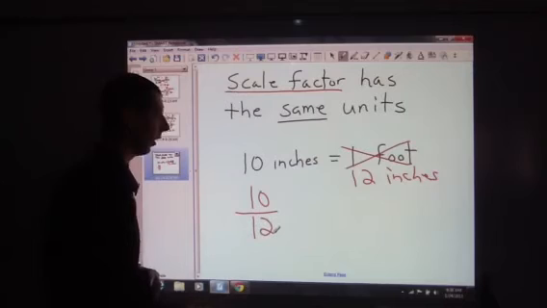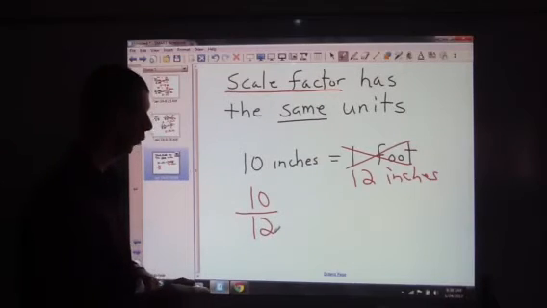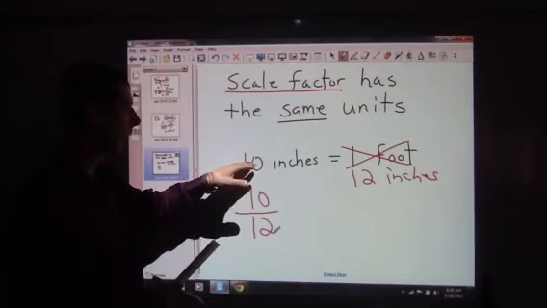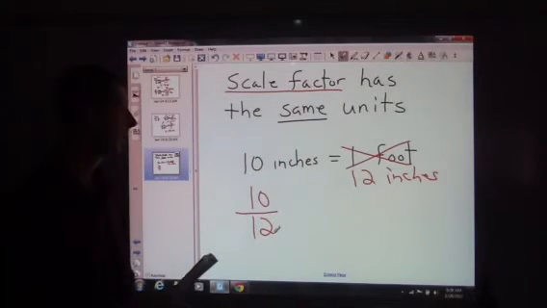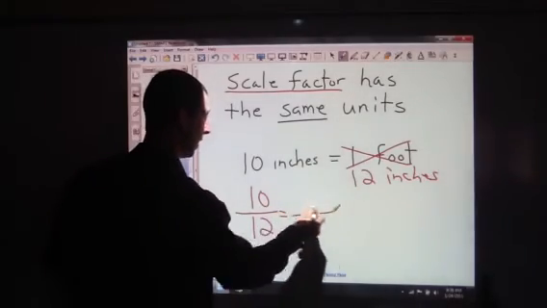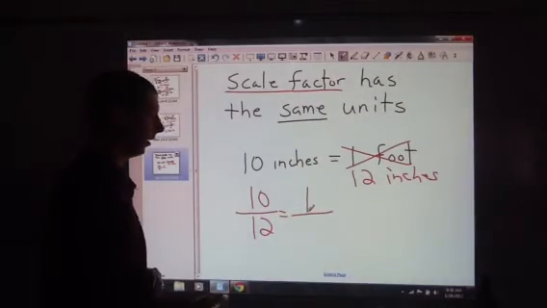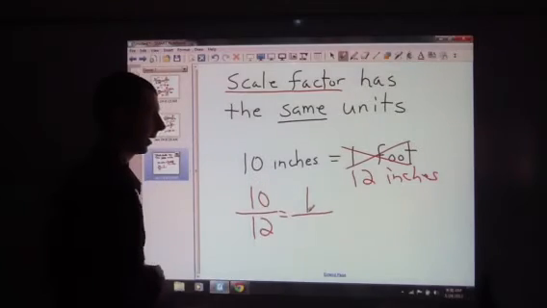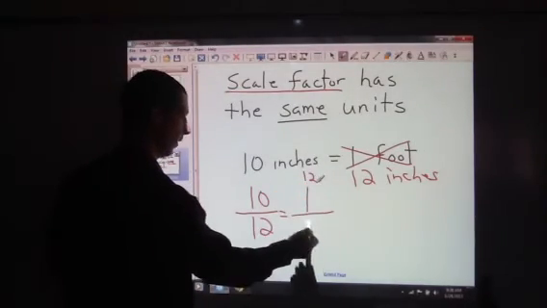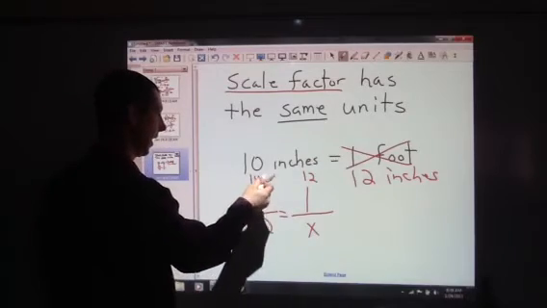I could put it like that, 10 over 12, or we could find the value of 1 inch equals how many inches using this. If I put a 1 here and cross product it, I'm going to get 12, and if I put an x here, x times 10 is 10x.